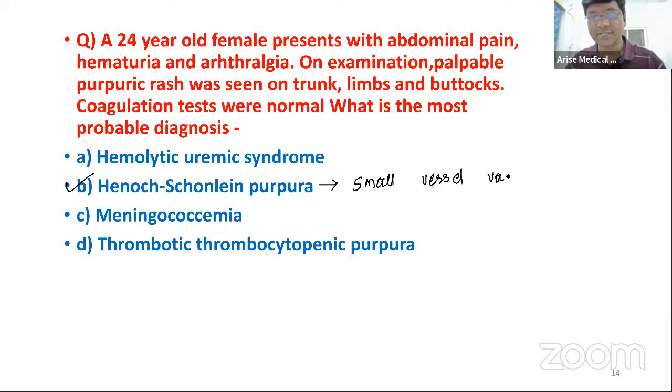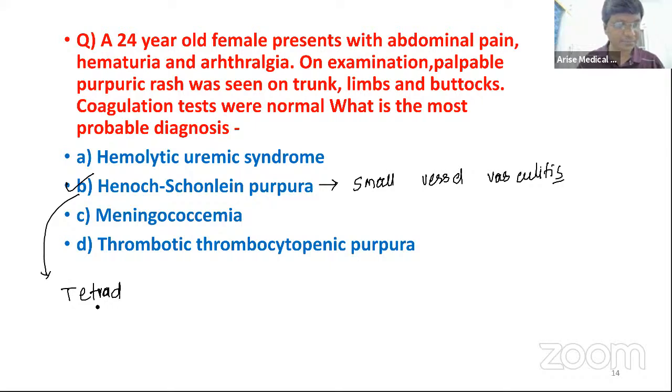The points that you need to know regarding Henoch-Schonlein purpura are that it is characterized by a tetrad of manifestations. What is the tetrad? Please remember H, S, P, HSP. What does H stand for?